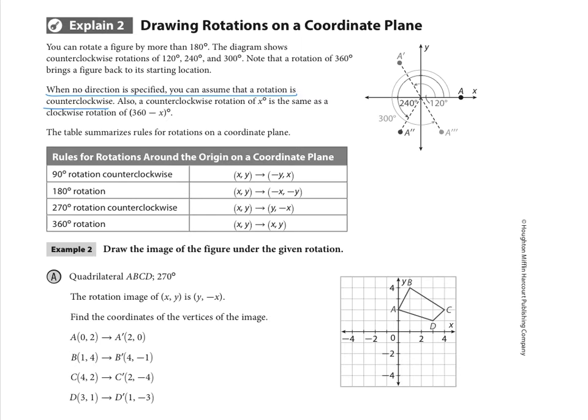So in example 2, we are going to be rotating this quadrilateral ABCD on the figure 270 degrees, and again it's not specified, so we can assume that's a counterclockwise or a normal direction of rotation.